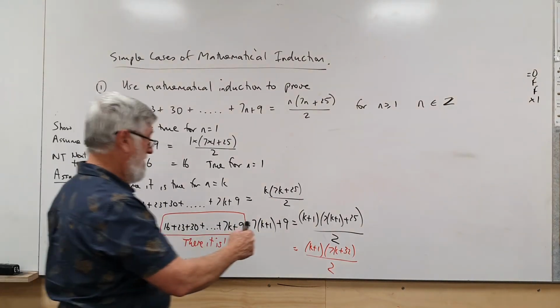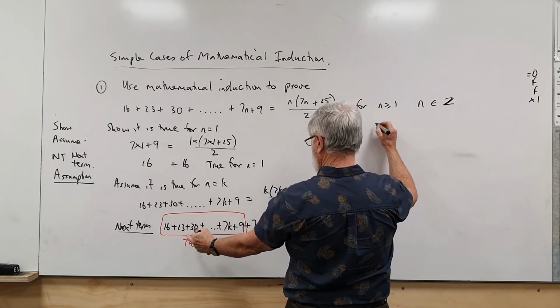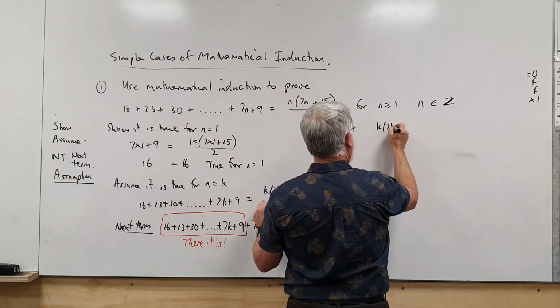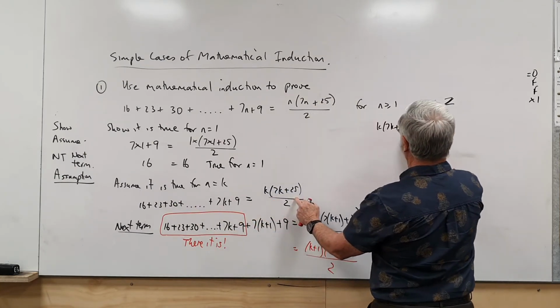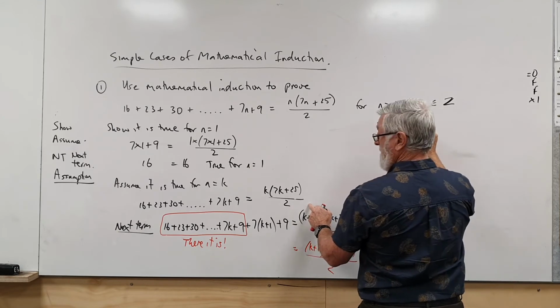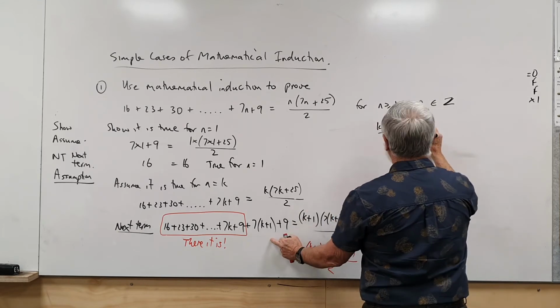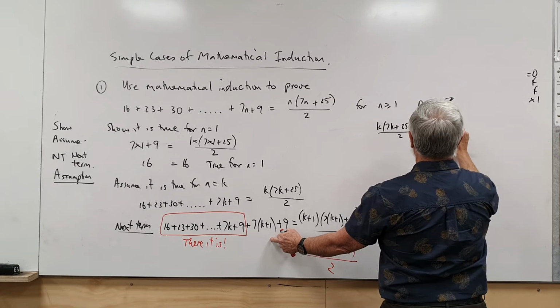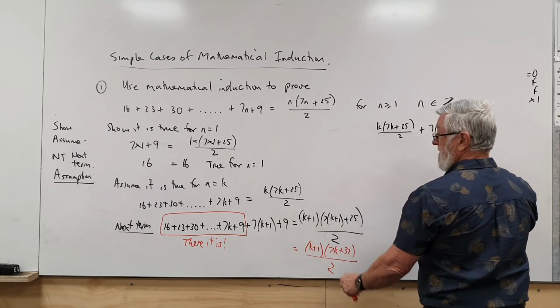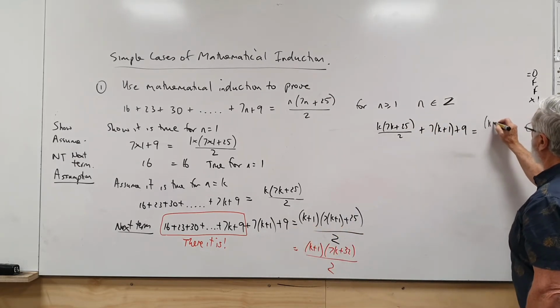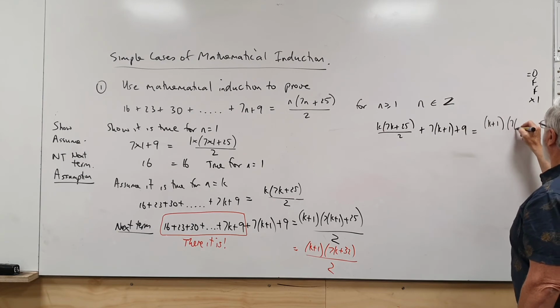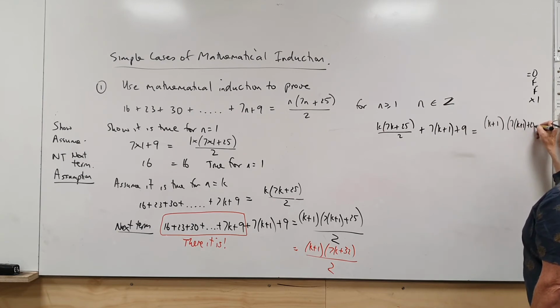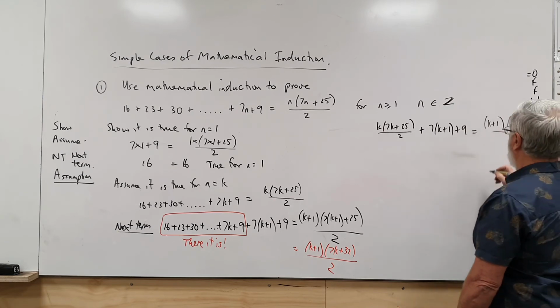Let's have a look what it does. So now I've got 7k plus 7k plus 1 plus 9 equals what? 12.